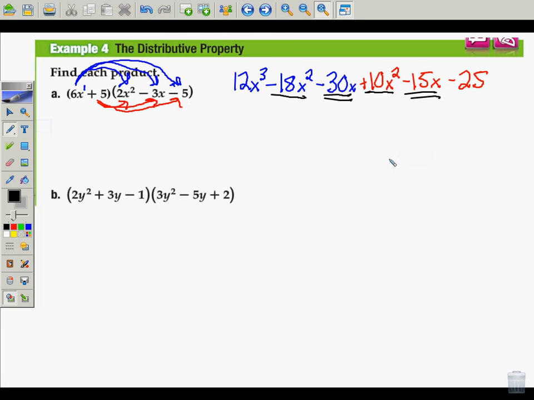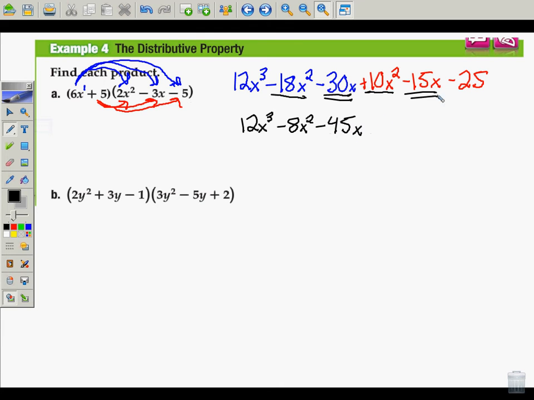There's no x cubed terms besides the first one, so that's going to stay 12x cubed, minus 18x squared plus 10x squared. Negative 18 plus 10 gives me negative 8x squared. Negative 30x minus 15x. Negative 30 minus 15 gives me negative 45x. And then I just have my minus 25 at the end.